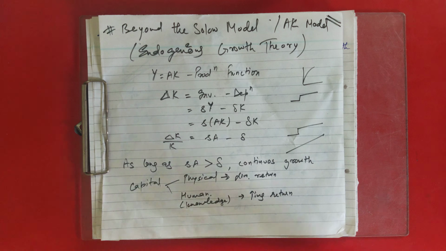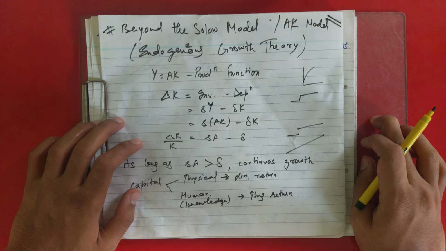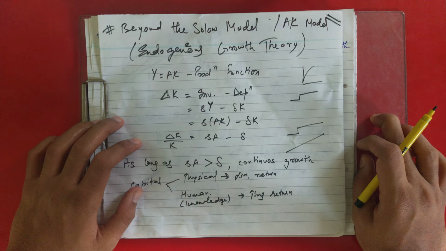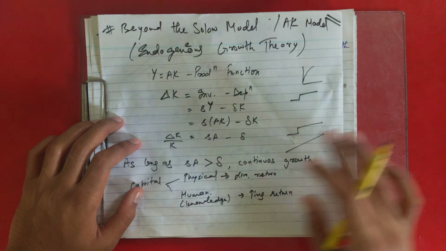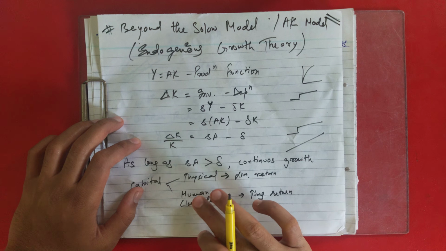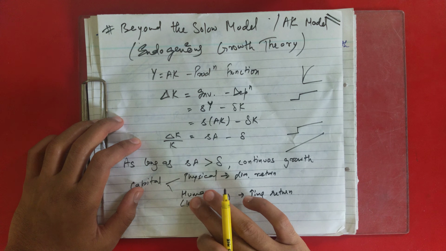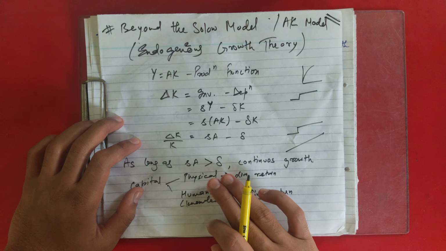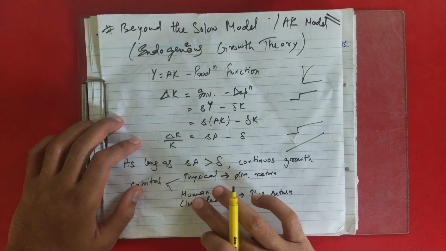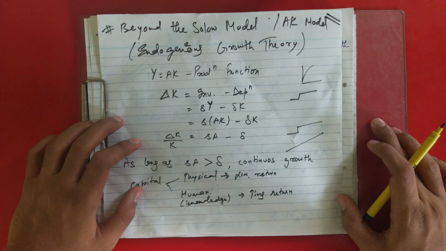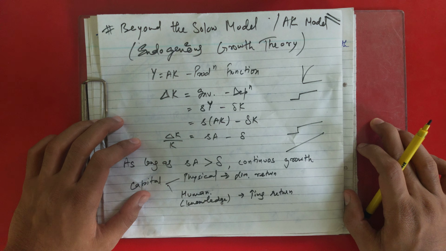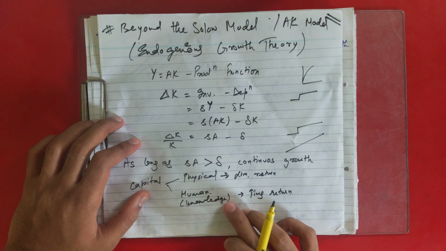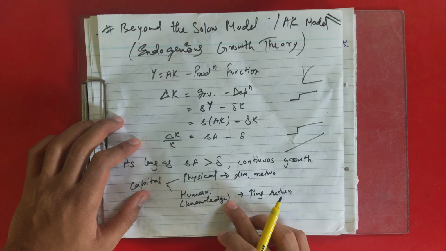So basically the continuous growth has been explained by two factors in this model. The first factor is what? The manufacturing sector. And the second factor is human capital, which we are considering here from the research universities, that is, how much of the capital is going to the research sector. They produce goods which are known as knowledge, and this knowledge is used in both factors. How can it be used in both?